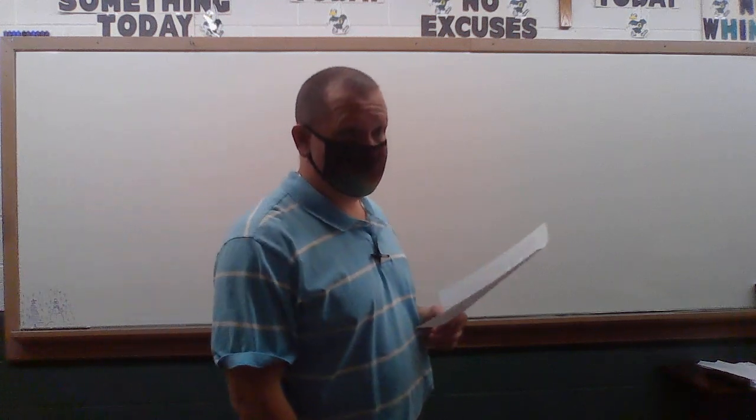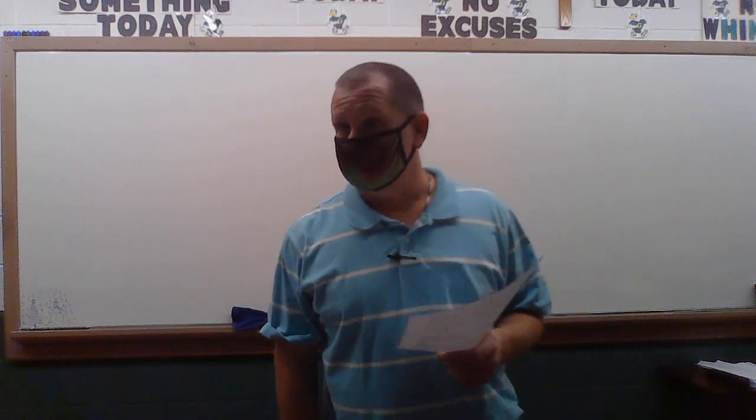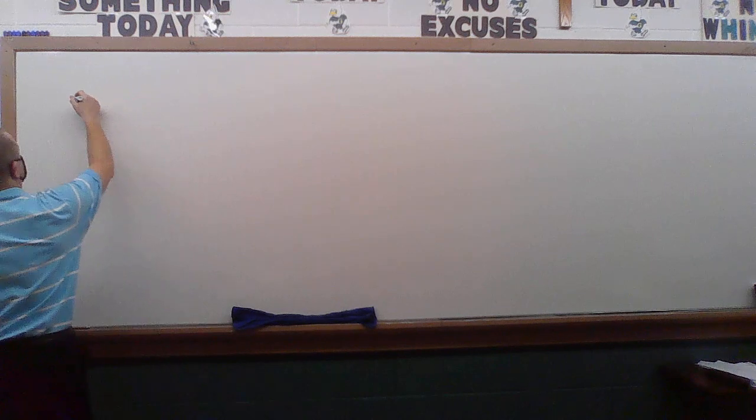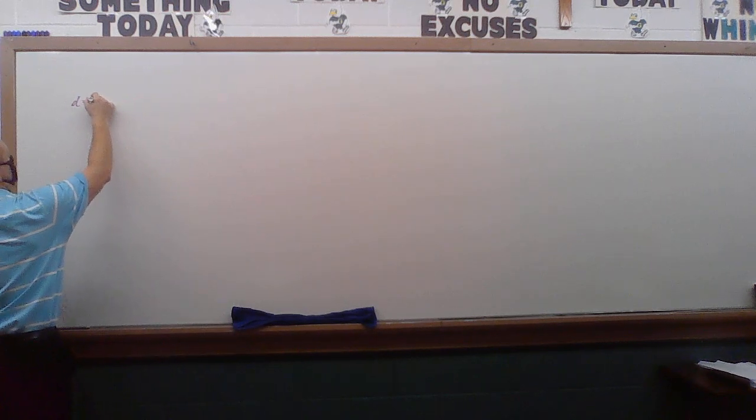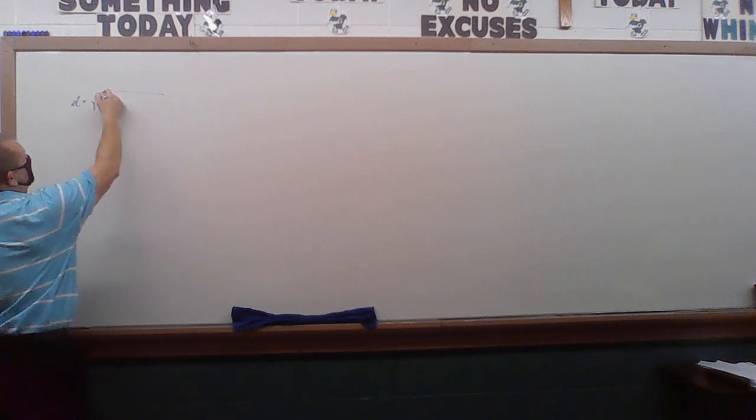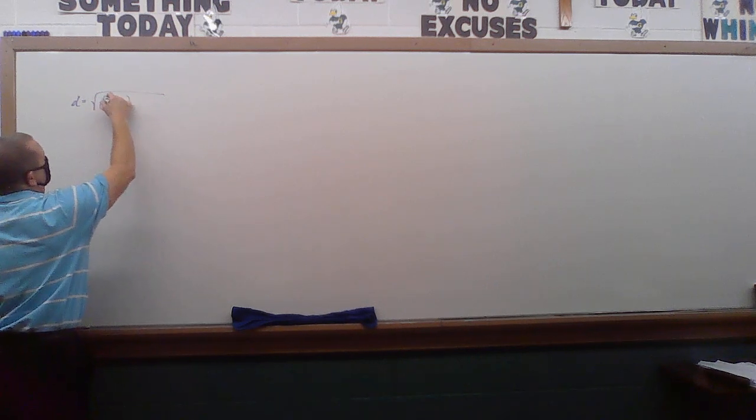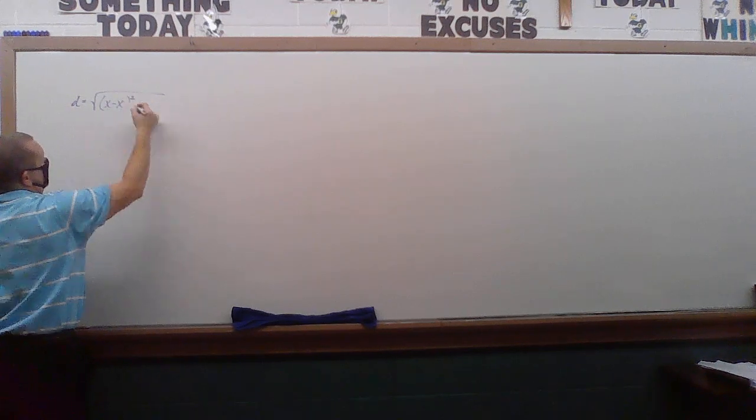Distance formula, everybody know it? Need to write it down. D equals what? Square root. Don't forget that square root sign. Then what do we do with the x's? Minus x squared.